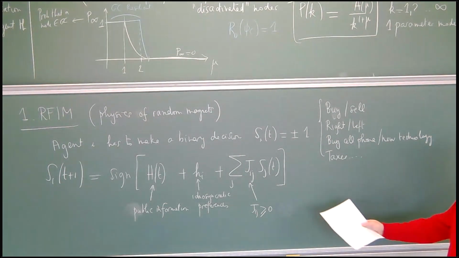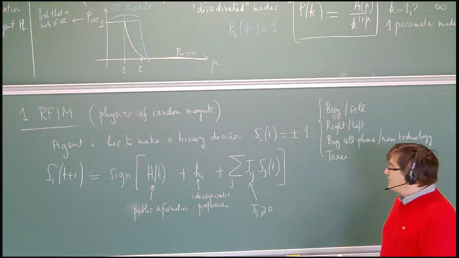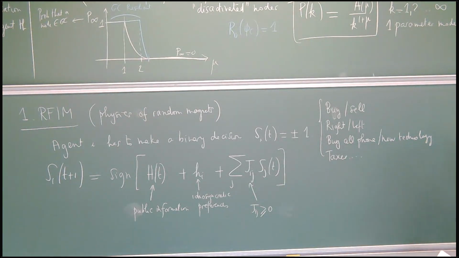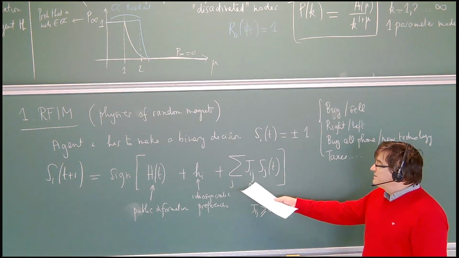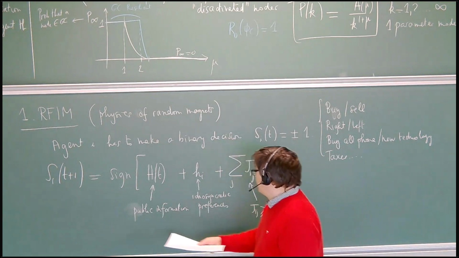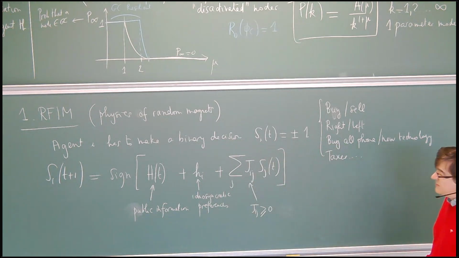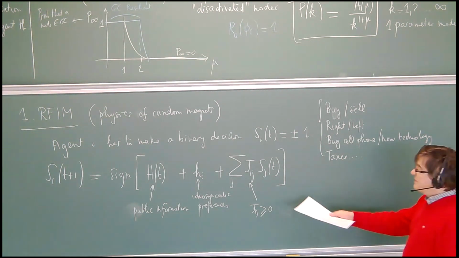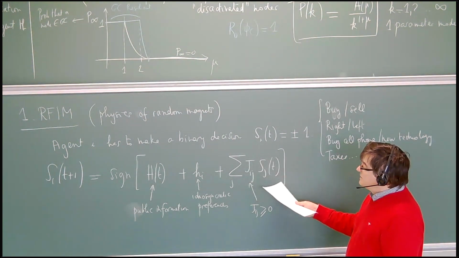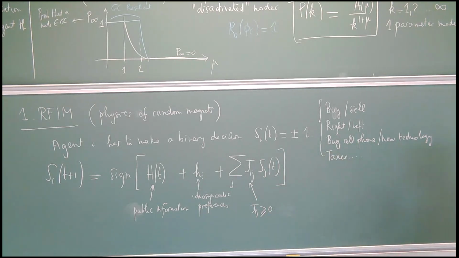So J_ij means that the network of the J_ij tells you who i is listening to in order to make his decision at the next time step. So the j such that J_ij is non-zero are the neighbors influencing i. And then depending on what these neighbors are doing, you tend to follow their advice, or you tend to imitate what they've done. Okay.